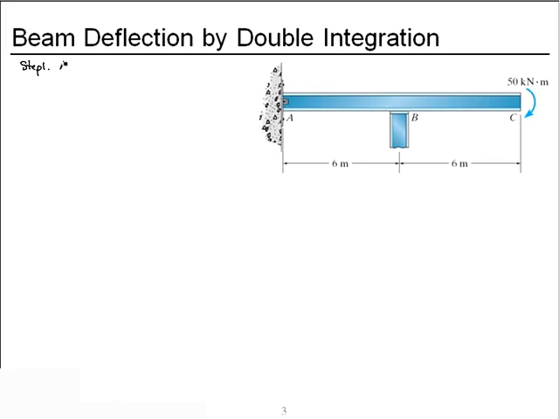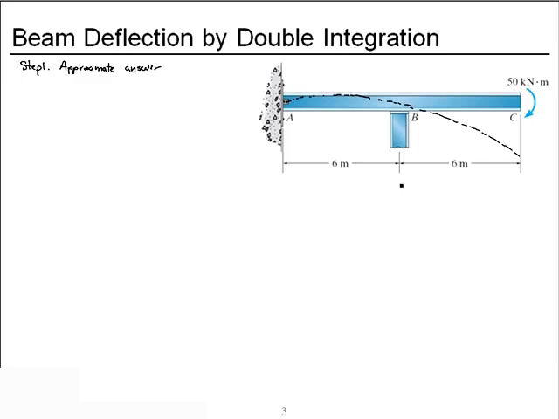Step 1, let's approximate the answer. If we look at the deflected shape of this beam, we expect it to be something like that.